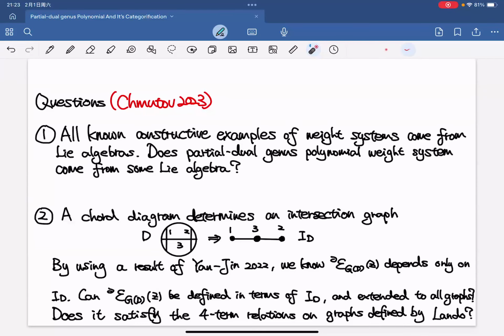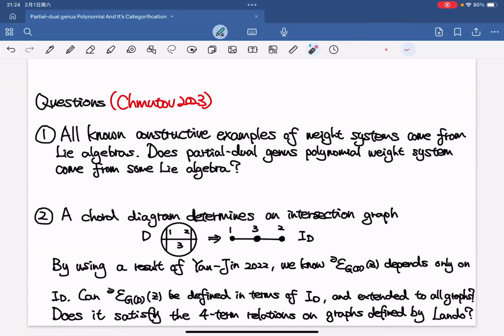Of course, different chord diagrams may correspond to the same intersection graph. But by using a result of Professor Shen Anjun and his student Yan, we know that the partial dual genus polynomial depends only on the intersection graph. So Chmutov asked, can the partial dual genus polynomial be defined in terms of the intersection graph, and can we extend its definition to all graphs, not just intersection graphs from chord diagrams?